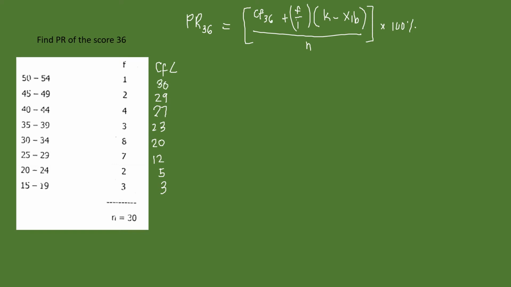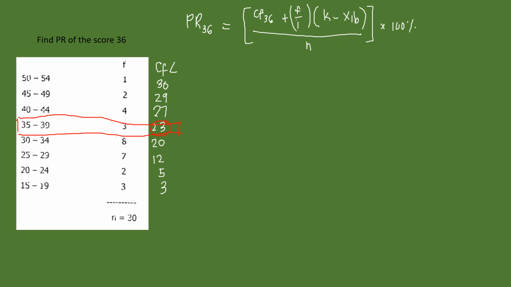So in order for us to get the different values, first we have to locate where 36 belongs in the score. As you can see, this is the interval where 36 belongs to. That's 35 to 39. So that means the CF of 36 is 23.